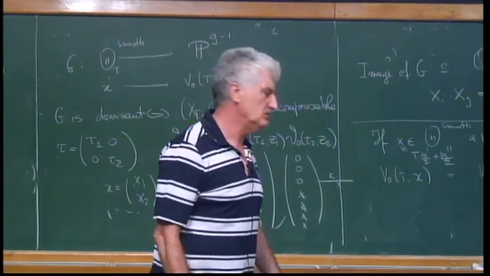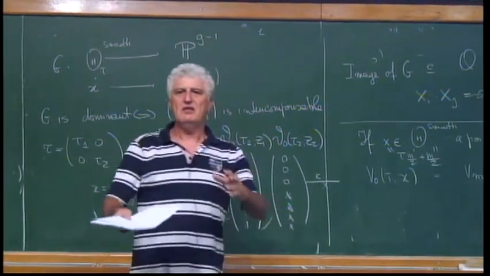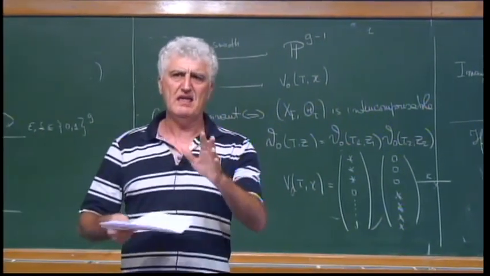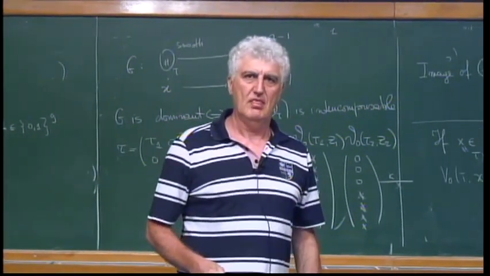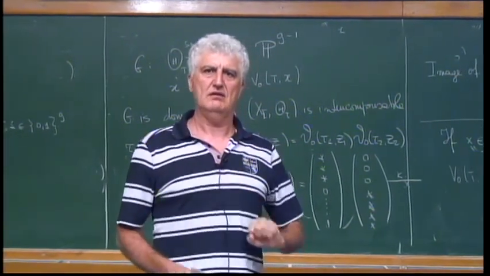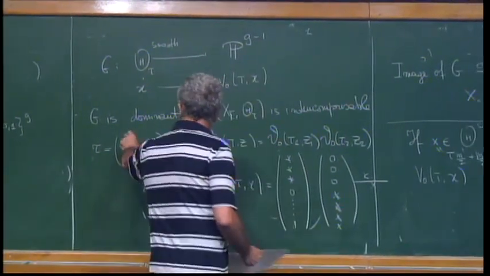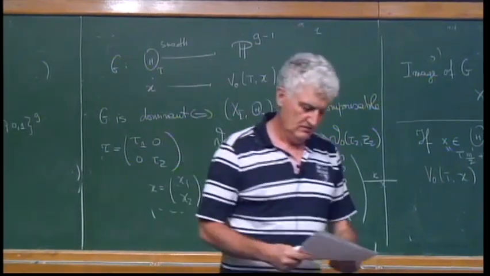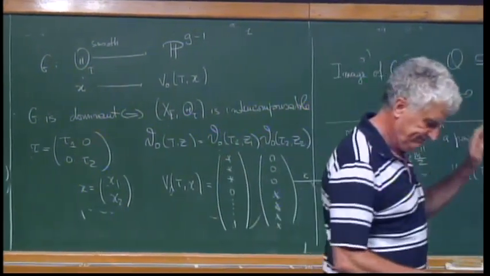So the dimension is the maximum between k and g minus k.